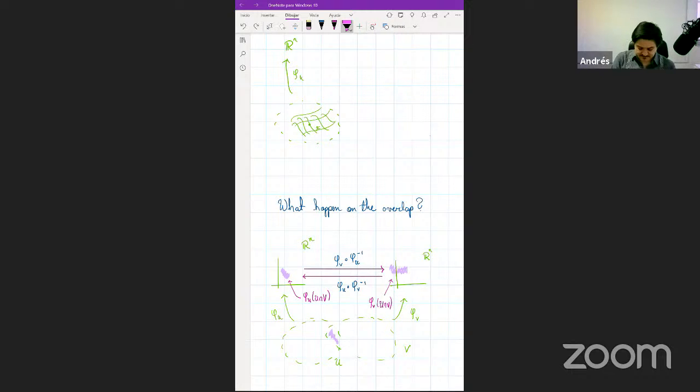And this function is only defined here. And that function is a homeomorphism between that open set and this open set. So I go here under phi_U inverse, and then I go up under phi_V.